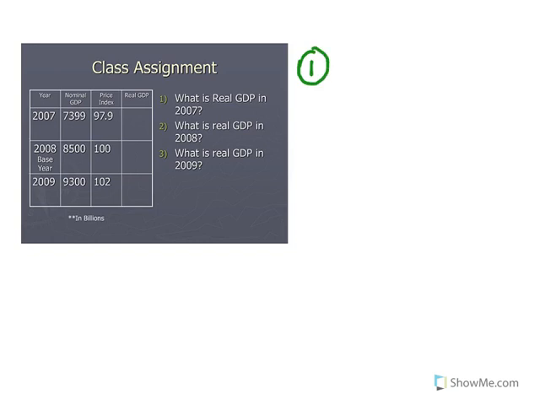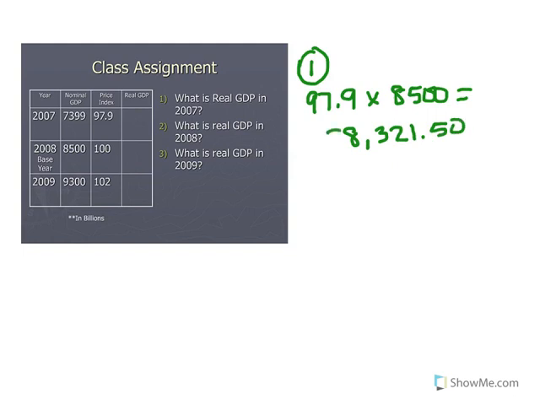You would take the value of the price index in 2007, which is 97.9, which is basically saying that price levels were 97.9% of what they were in the base year, and then multiply it by the value of output in the base year, the nominal GDP, which is 8,500. So 97.9 times 8,500, we would come up with a real GDP value of $8,321.50. That would be the value of the real GDP in 2007.